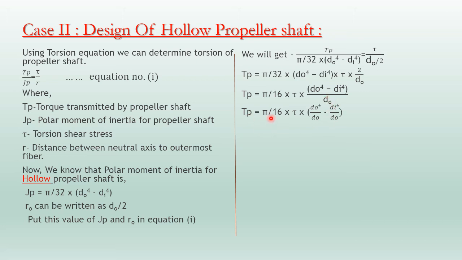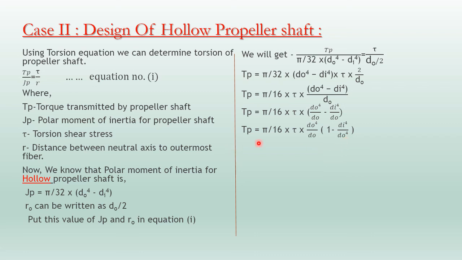Tp equal to pi by 16 into tau into Do raised to 4 divided by Do minus Di raised to 4 divided by Do. Then Tp equal to pi by 16 tau into, let's take out Do raised to 4 divided by Do as the common outside the bracket. So what will be remaining in this bracket? That is 1 minus Di raised to 4 divided by Do raised to 4.